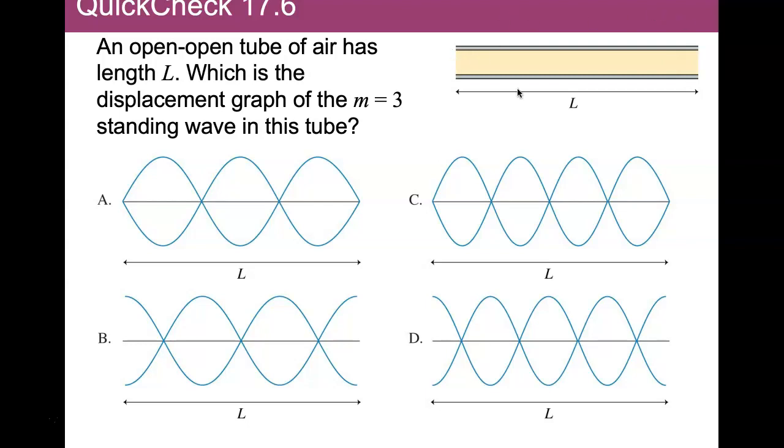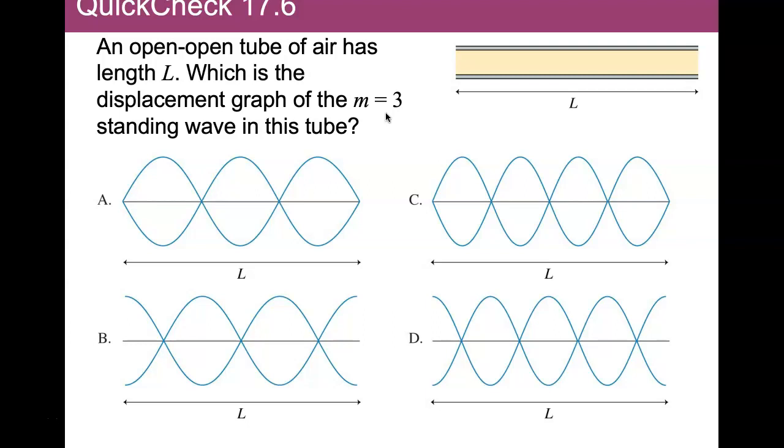In this case, or in the closed case, we fit an integer multiple of lambda over 2, and that integer doesn't have to be odd. Okay, so now m equal 3 means we fit 3 lambda over 2s, right? So the length L must be 1.5 lambda.